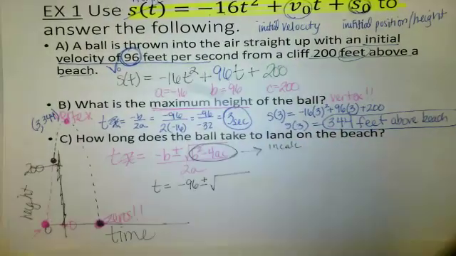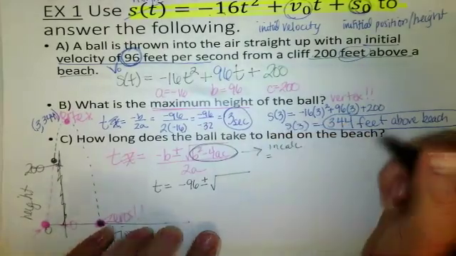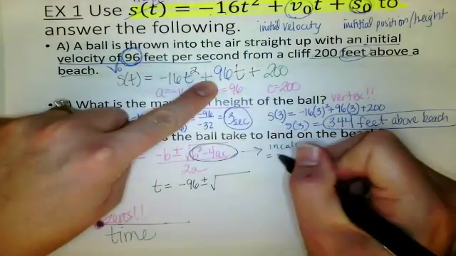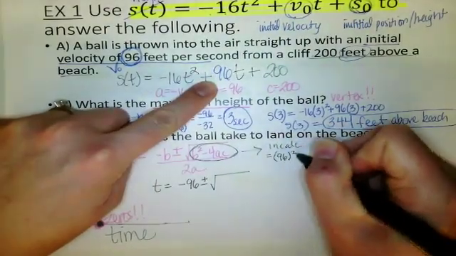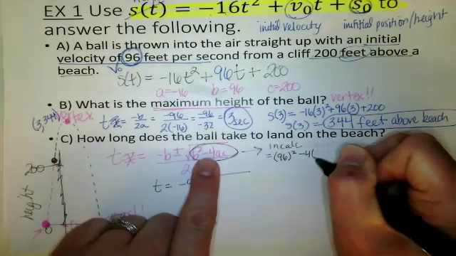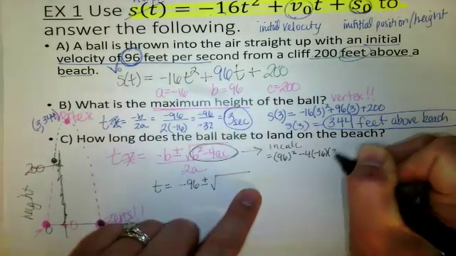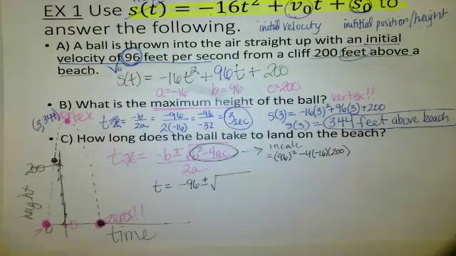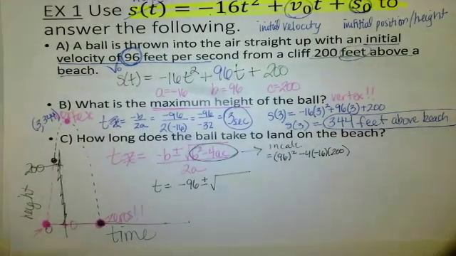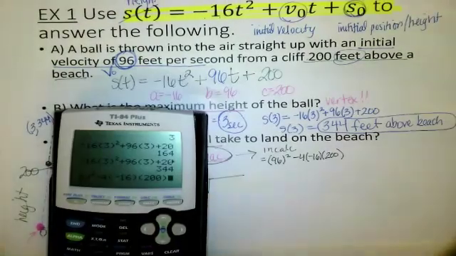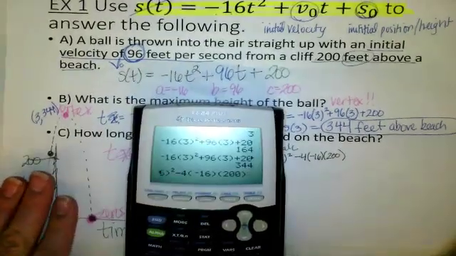So b squared minus 4ac would be b squared, 96 squared, minus 4 times negative 16 times 200. And I'm going to do that in my calculator. So we have 96 squared minus 4 times negative 16 times 200. And I am just literally typing in the whole thing.